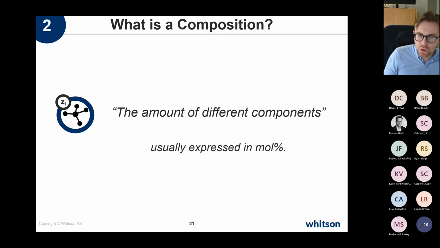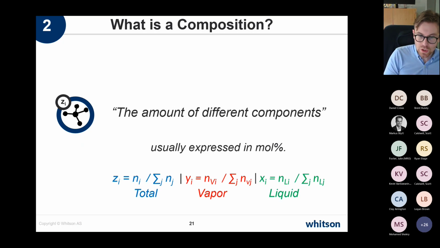In general, it's usually expressed in terms of mole percent, and we use slightly different nomenclature depending on if it's a total reservoir fluid, a vapor fluid, or a liquid fluid. We use the symbol zi for a total reservoir fluid or well stream.